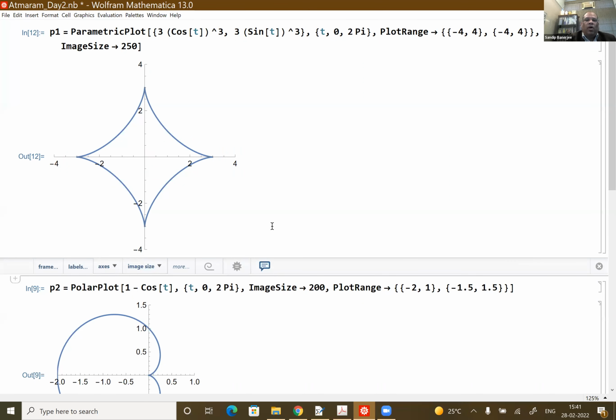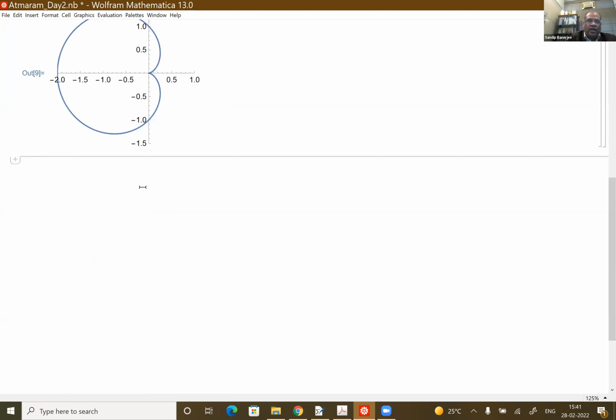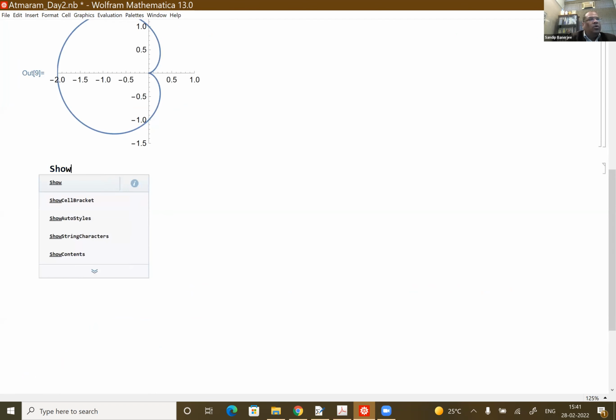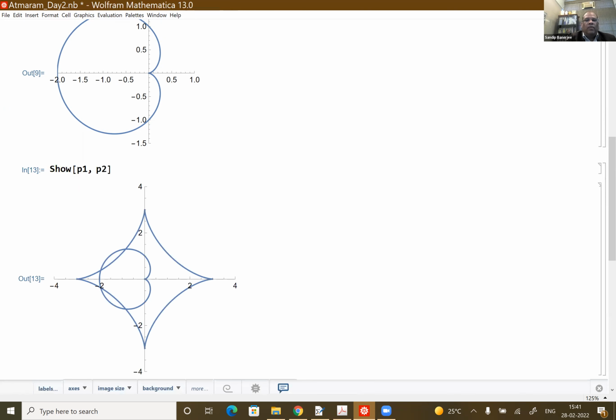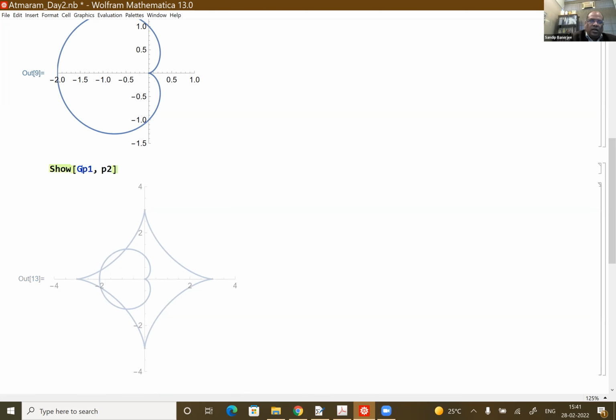Now, if you want to plot these two graphs side by side, you write show. If I write P1, P2, that will combine both the graphs. But if I want two separate graphs, you will write show, and then you write graphics row, sorry.